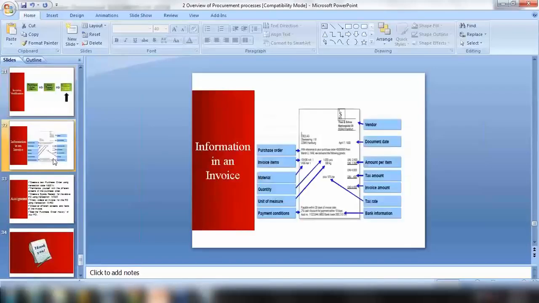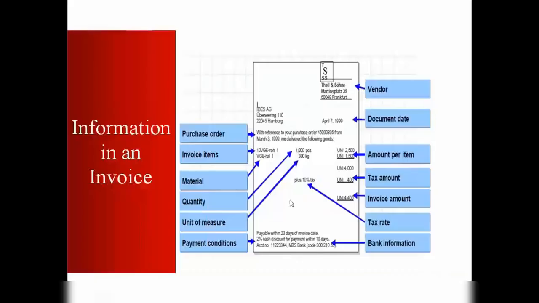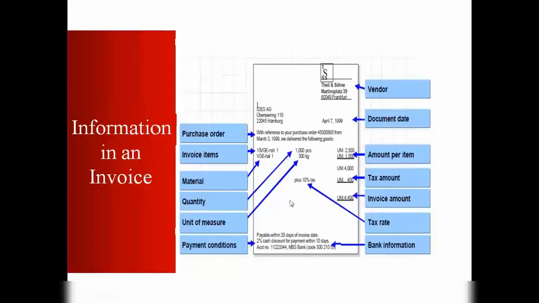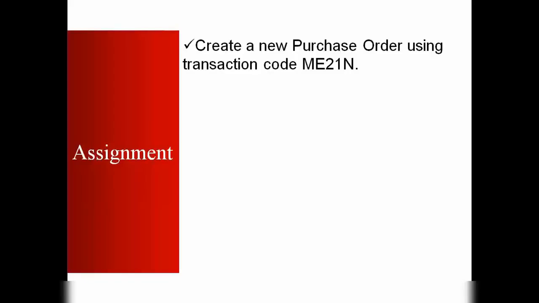Okay, now before we move further, I want you to do some practice on the server. Once we finish every topic, I'll give you an assignment for each topic that you're supposed to do before you move on to the next topic. That's the best way to learn. So the assignment for today in this video is, I want you to create a purchase order using transaction code ME21N.